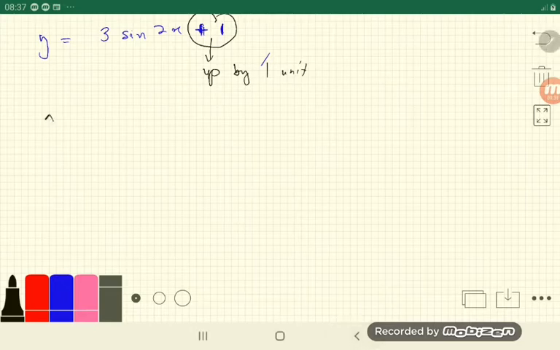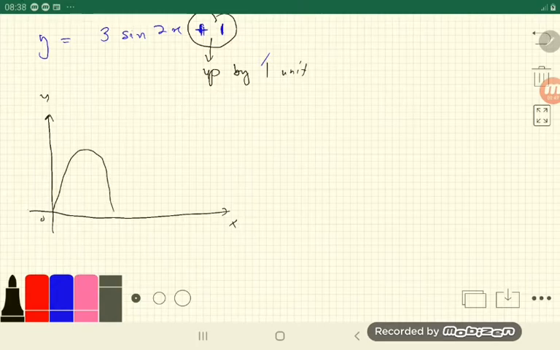So let us go back to our previous graph, y and x. So the y and x graph here is something like this, if I'm not mistaken.